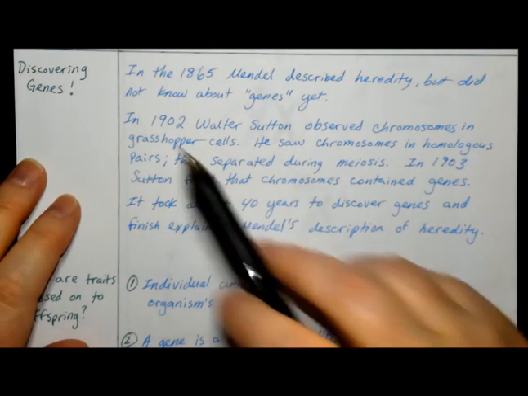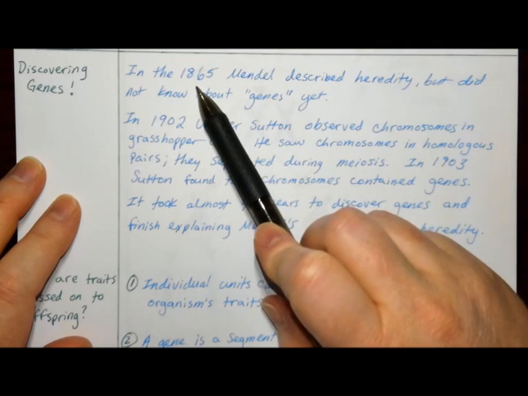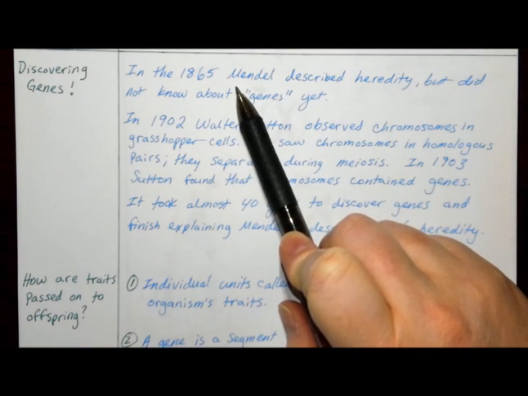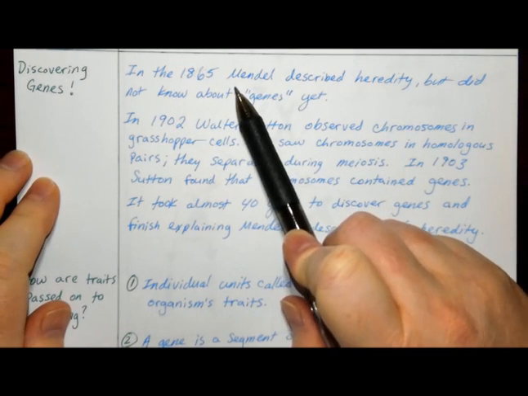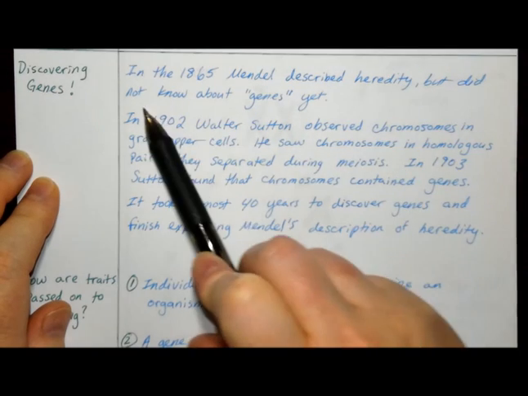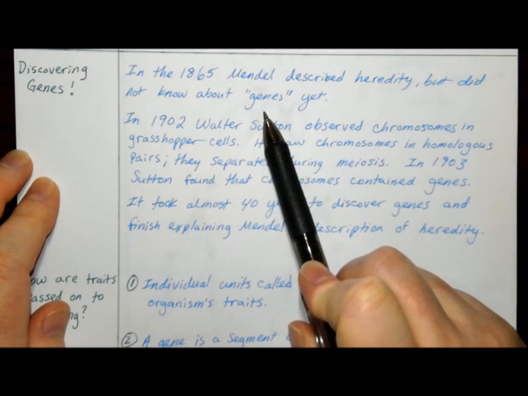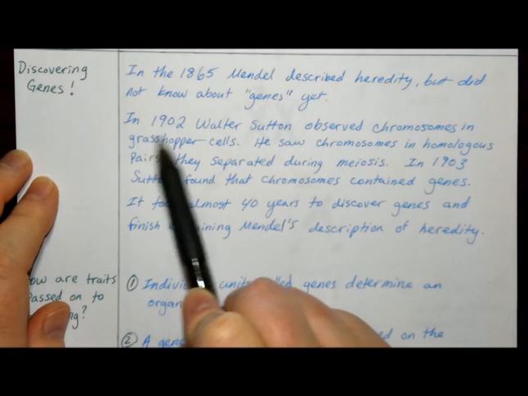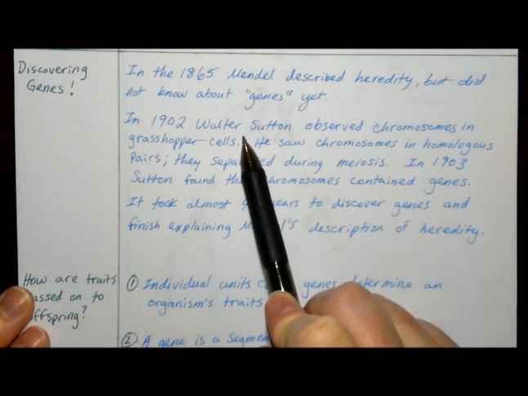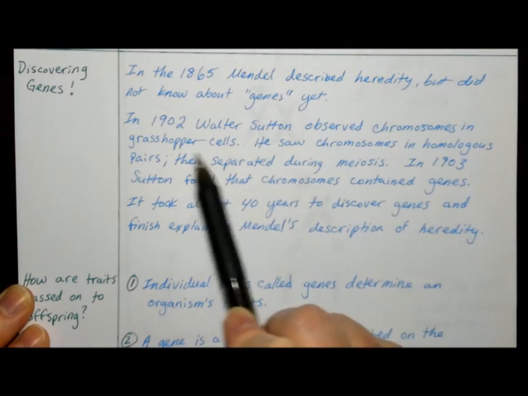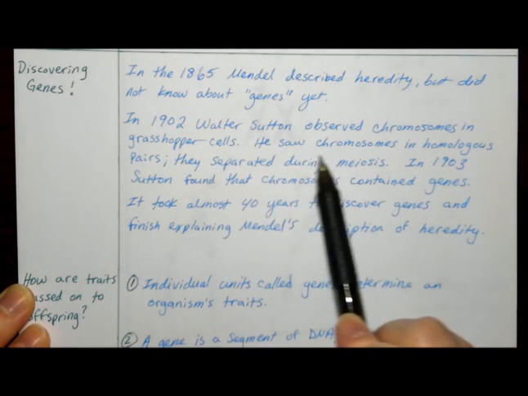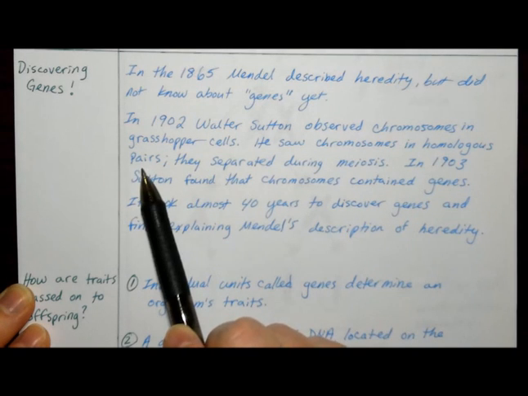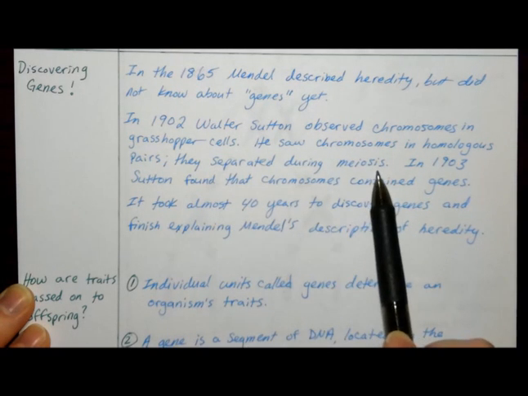So here's what happened. In 1865, that Gregor Mendel guy that we talked about last week described heredity, but he did not know about a little thing called genes yet. It wasn't until 1902 when Walter Sutton observed chromosomes in grasshopper cells. He saw chromosomes in homologous pairs. They separated during meiosis.